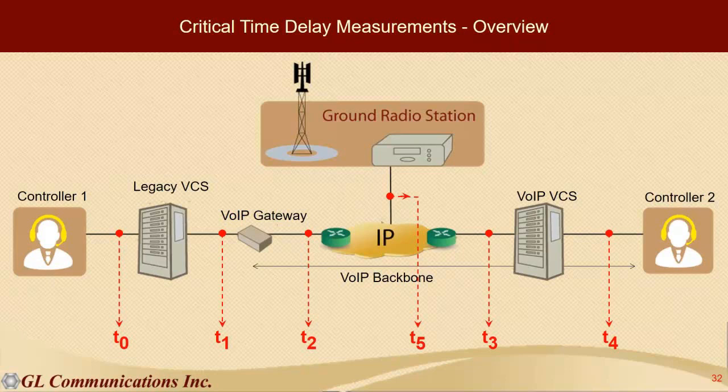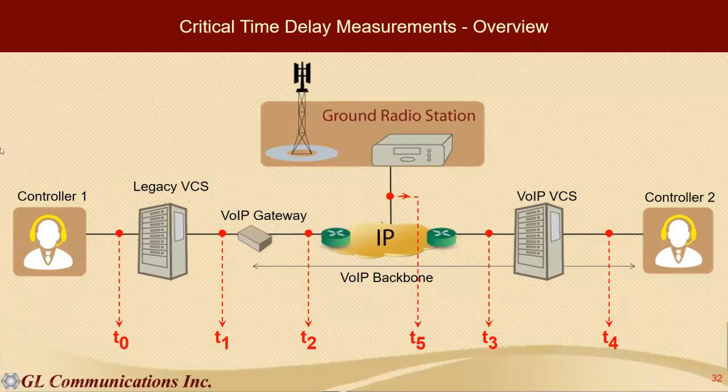And what GL has done is brought over some products that we've had for years in telecom testing into this ATM world where we can measure delay. You may want to measure delay in two different areas. That's how we break it out, in the analog world and in the IP world. So different points within your network become important there.